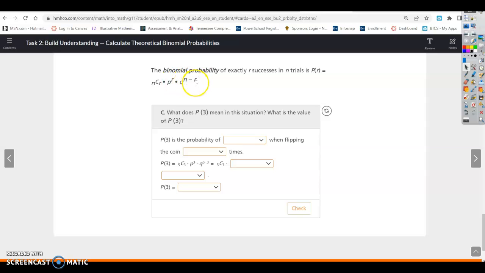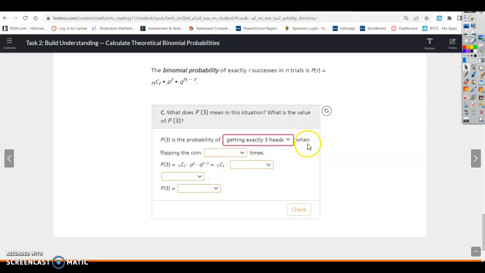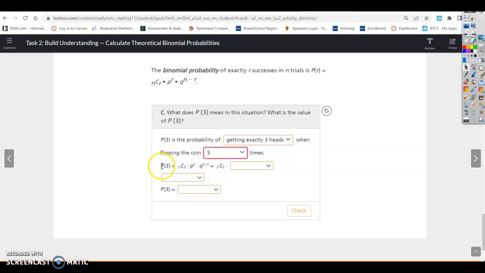So n minus r, 5 minus 3, ends up being a 2 here. So the probability of getting 3 heads out of 5 coin tosses is the probability of getting exactly 3 heads when flipping the coin 5 times.